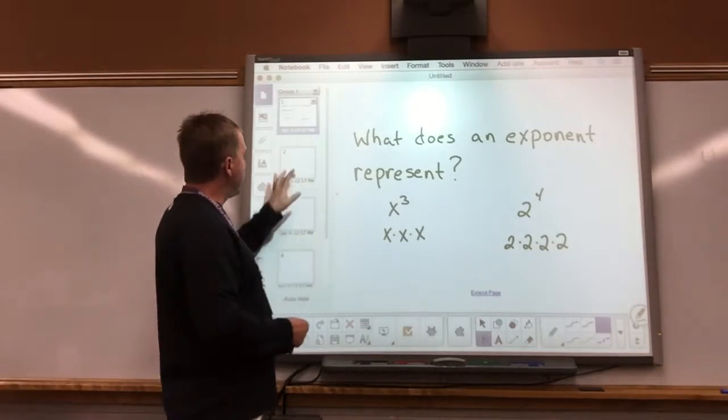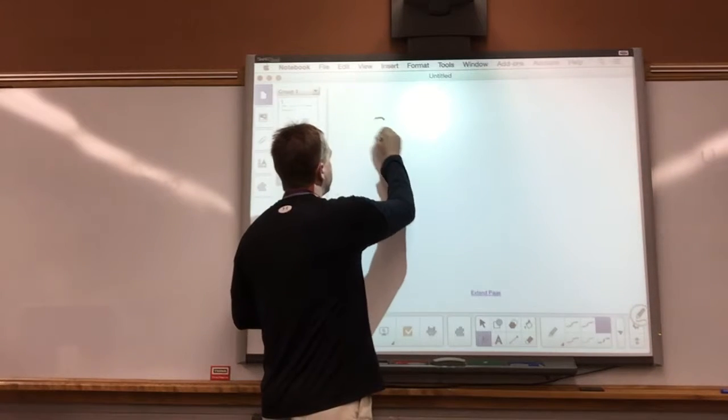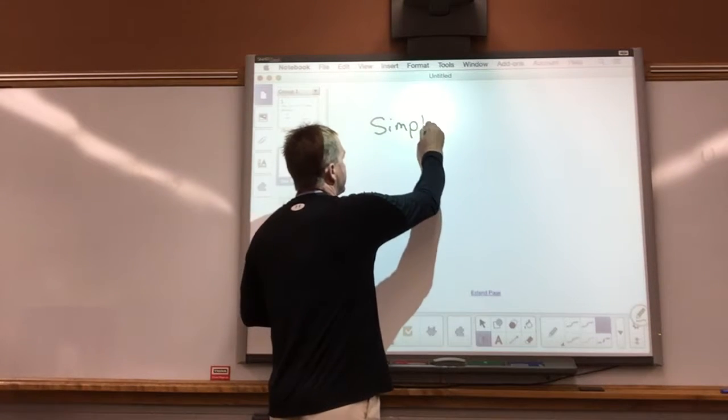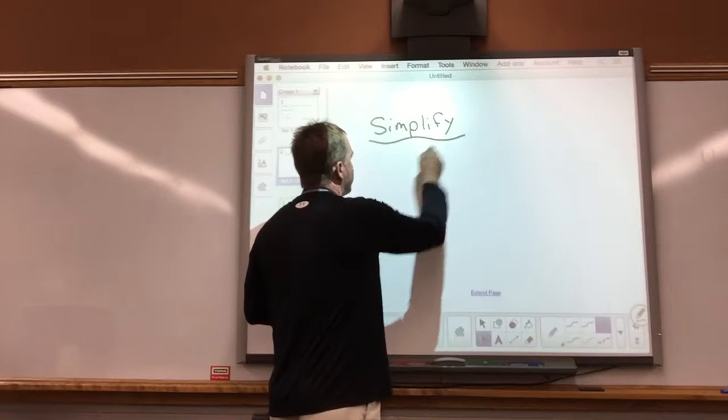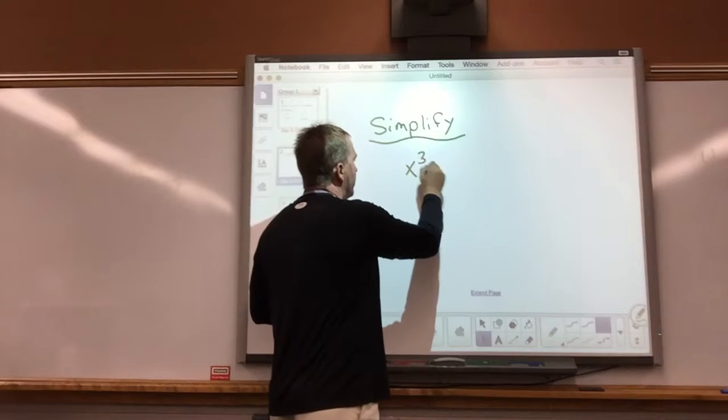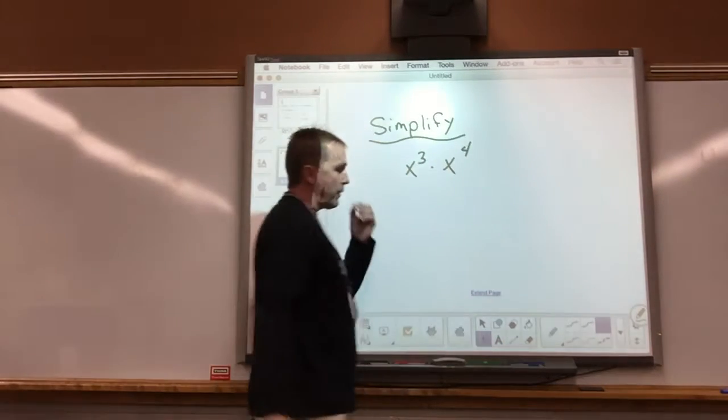Now, what we want to look at is a situation where we may be asked to simplify, and we're given something like x to the third times x to the fourth.